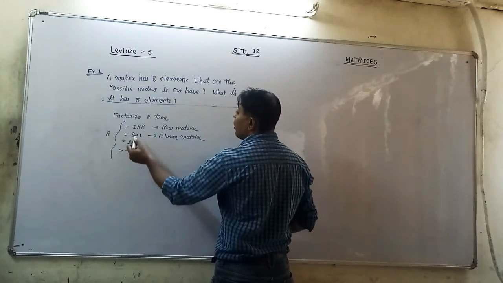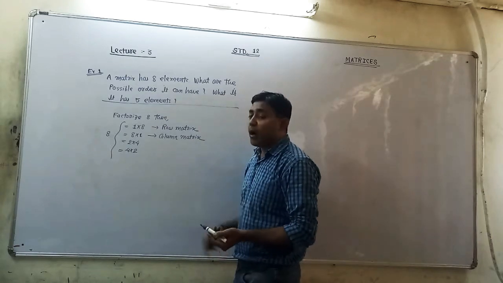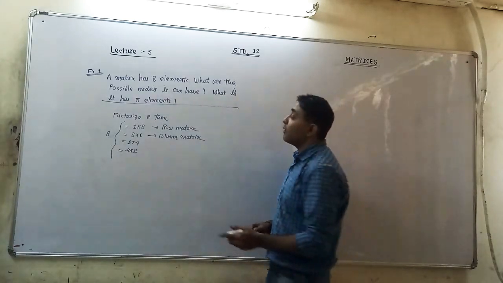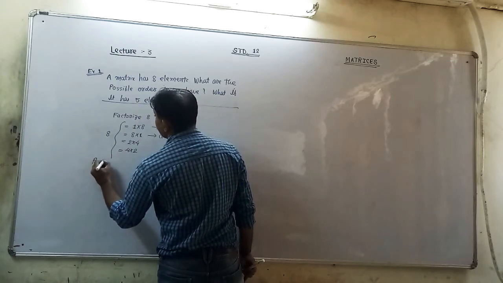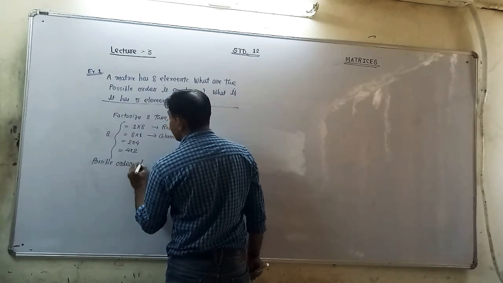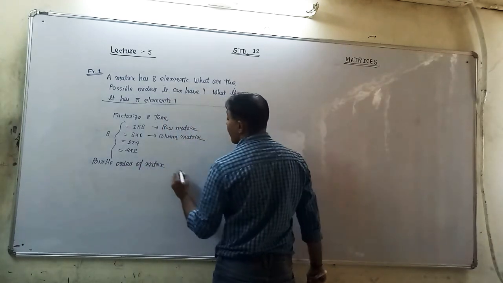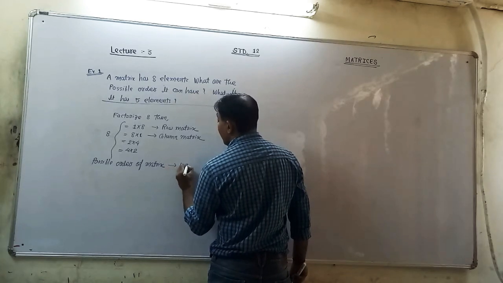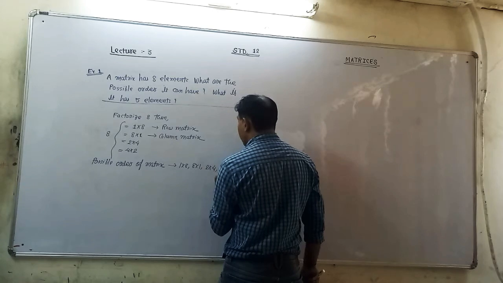The possible orders are 1 by 8, 8 by 1, 2 by 4 and 4 by 2.